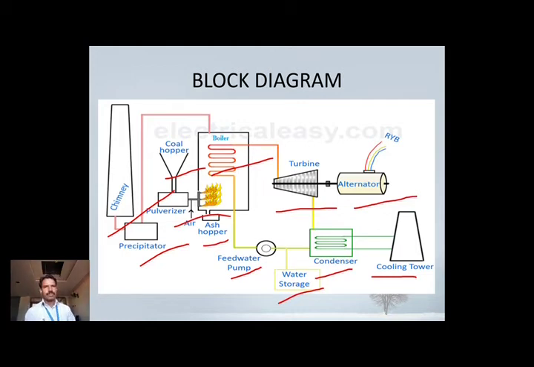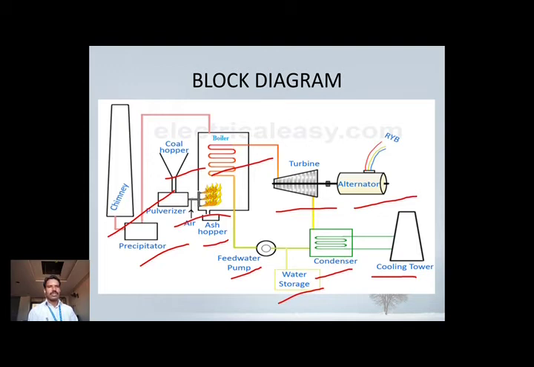It is possible. So, boiler: what is a boiler? A boiler converts water into steam. Here the water is converted into superheated steam. Superheated steam has a temperature of around 400 to 600 degrees Celsius.